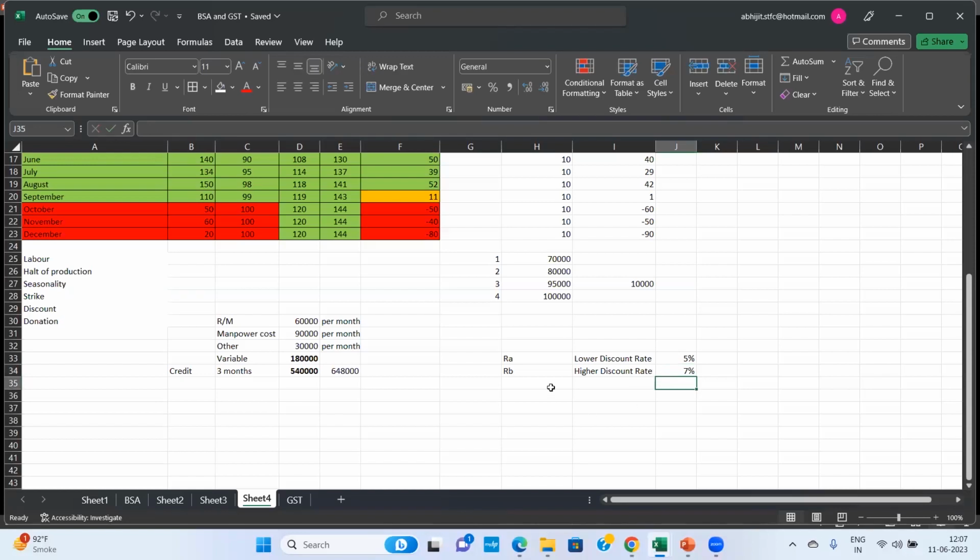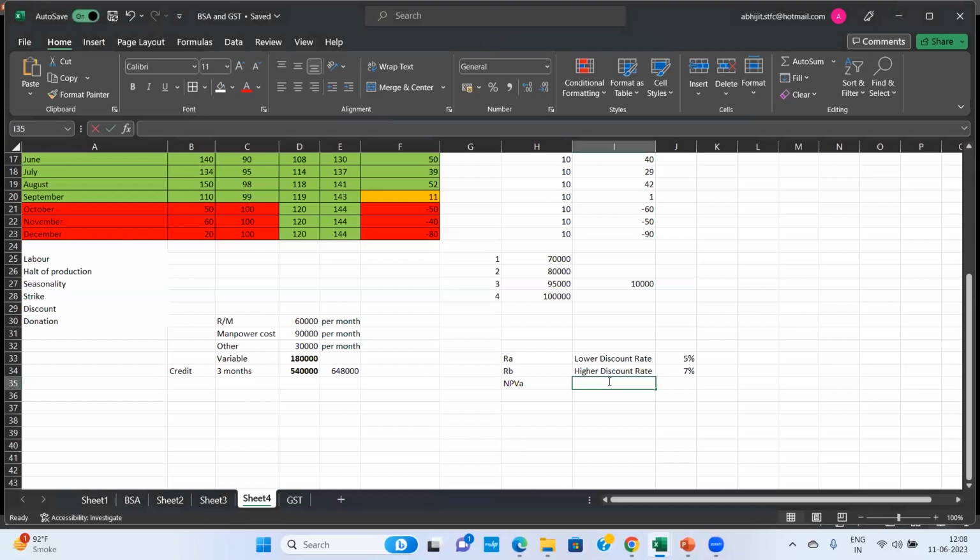Next is NPVA. What does it mean? NPVA means NPV at a lower discount rate, correct?